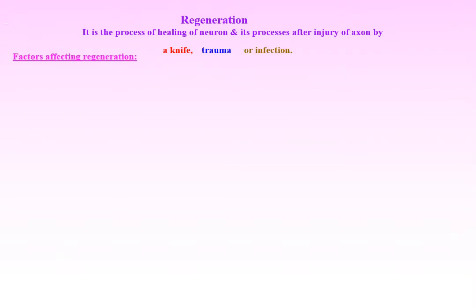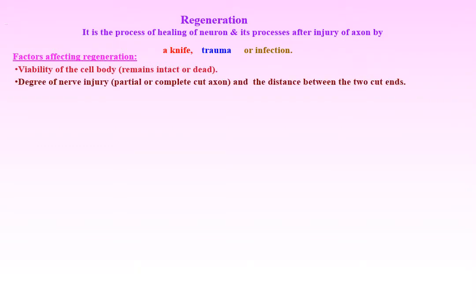It depends on viability of the cell body, whether it remains intact or dead, the degree of nerve injury, whether it is partial or complete cut of the axon, and the distance between the two cut ends, the state of the wound, if it is infected or not, and the state of neurolemma, if it is intact or not.